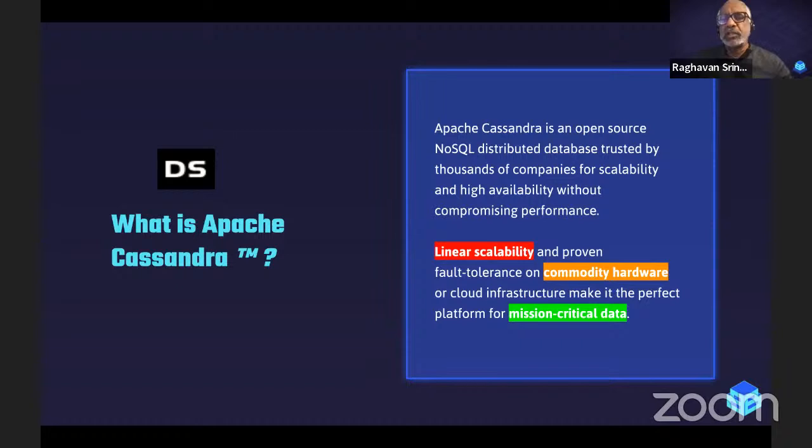And Apache Cassandra is a whole lot. I'm not going to read this, but essentially it's a NoSQL distributed database. The term NoSQL itself is kind of an interesting term. Some people call it NoSQL. Some people call it not only SQL. There are a number of different ways of slicing and dicing the term.